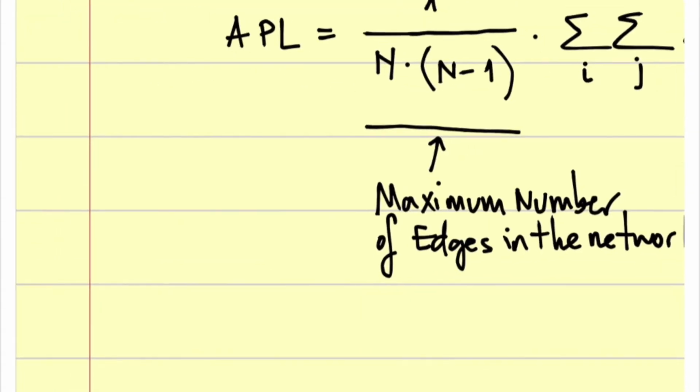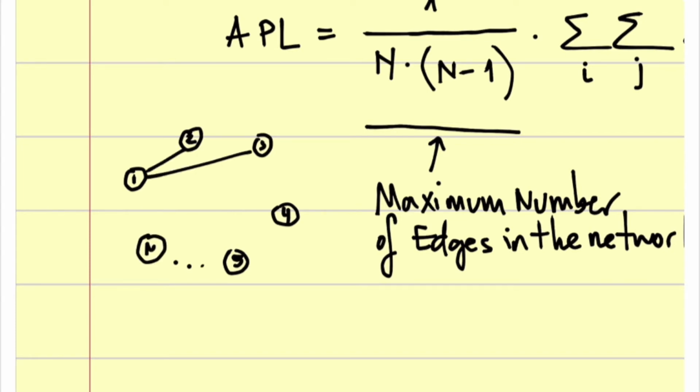If I have a network of n elements, 1, 2, 3, 4, 5, and so on up to n, okay? And each node is united to all of the rest.